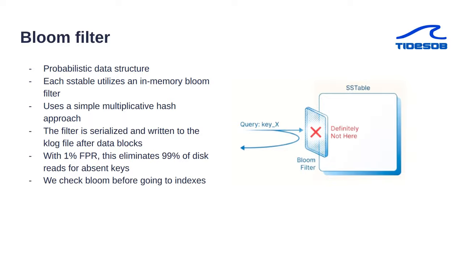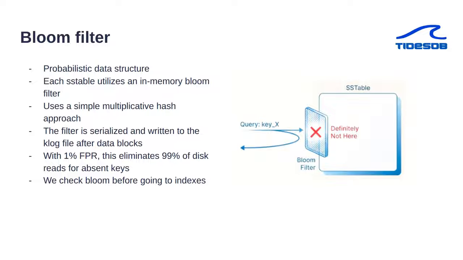TidesDB uses a Bloom filter per SS table. A Bloom filter is a probabilistic data structure. We hit the Bloom filter, and the Bloom filter tells us, is the key here or is it not here? We implement it with a simple multiplicative hash implementation. The performance impact is a 1% false positive rate, FPR, which eliminates 99% of disk reads for absent keys, which is pretty critical for performance.